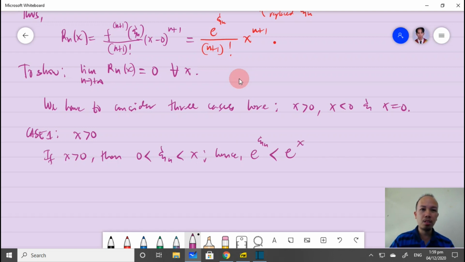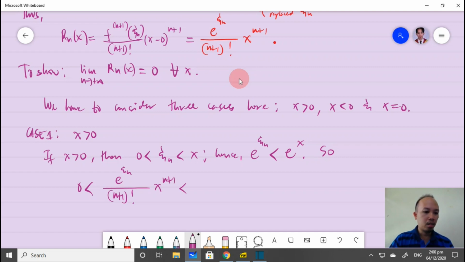This is obvious for the exponential function. So we know that 0 is less than e to the psi sub n over n plus 1 factorial times x to the n plus 1. Since x is greater than 0, this is always positive.